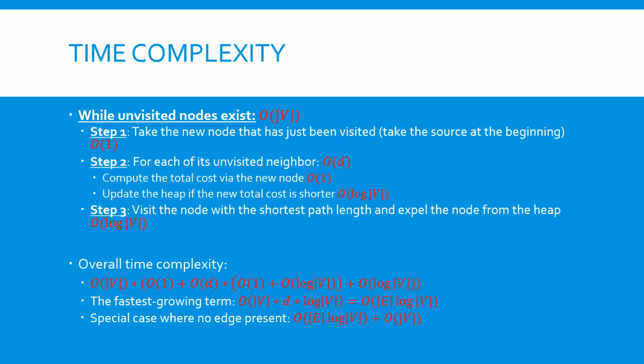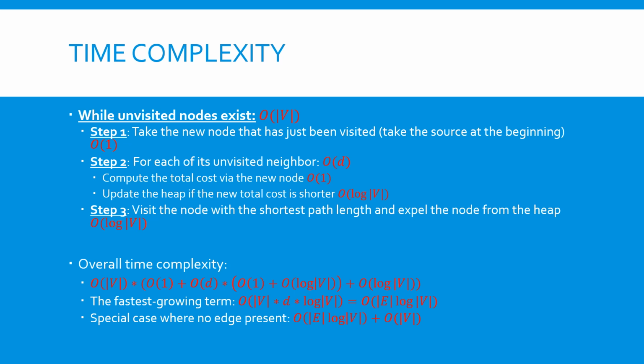At last, we spend constant time to find the minimum value and O(log V) time to evict it from the heap. Summing up, the fastest growing term of the time complexity is O(E log V). Note that here we assume D, the average degree, times V, the number of nodes, has the same order of E, the number of edges.